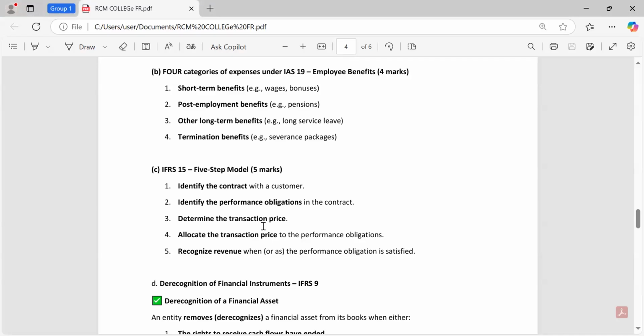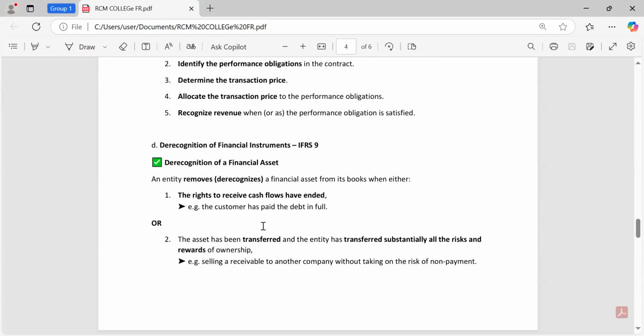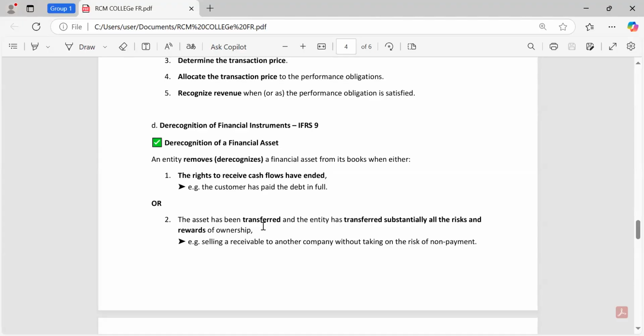Now, on to my last page, they are talking about IFRS 9. This is one of those standards that are really feared, for nothing. Here they were talking about the recognition. You're supposed to know that with IFRS 9, we are talking about financial instruments.